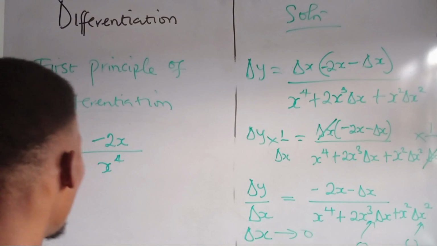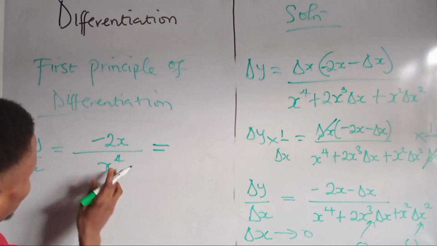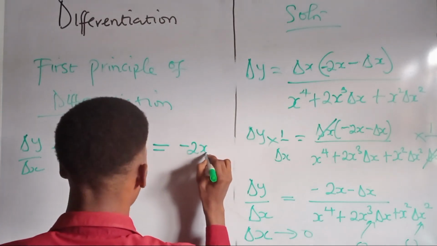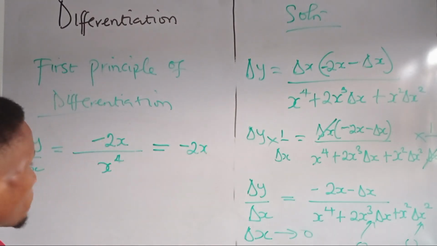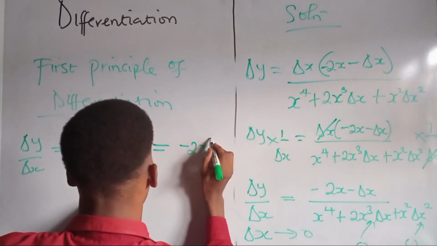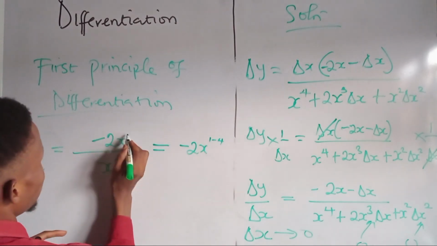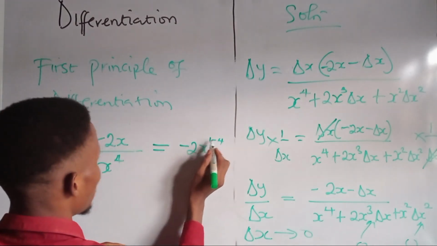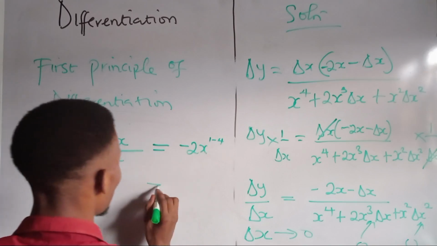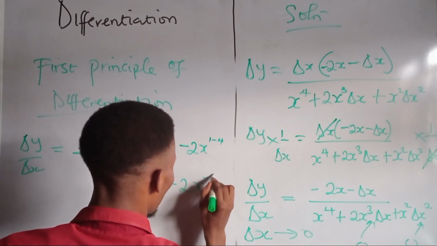Okay, so continue with this now. You know that taking this up, we have minus 2s raised power 1 minus 4, because if 4 goes up here to meet s, the division sign changes to minus. So we're going to be left with minus 2s raised power minus 3.